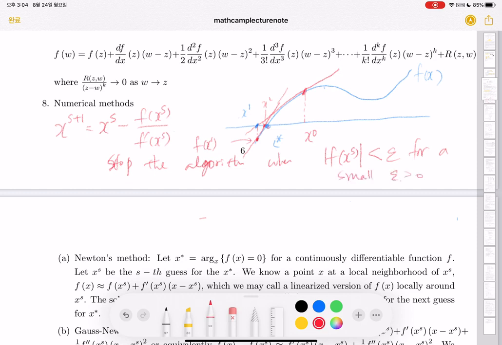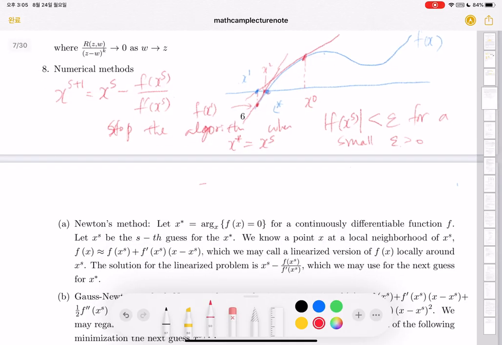When your f value at x s is very close to 0, you claim that your numerical solution is x s. That's how you solve an equation numerically.